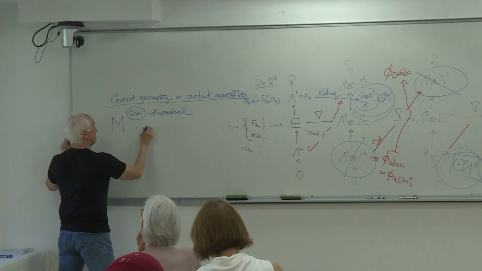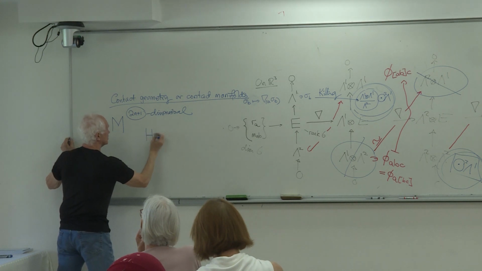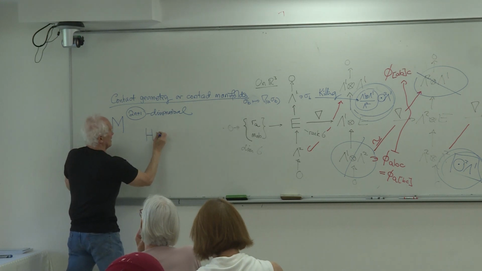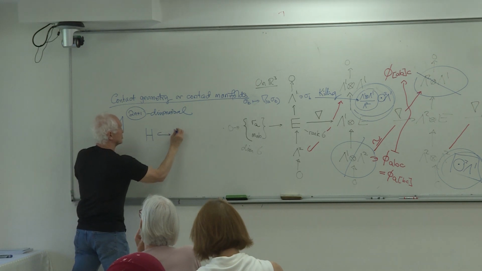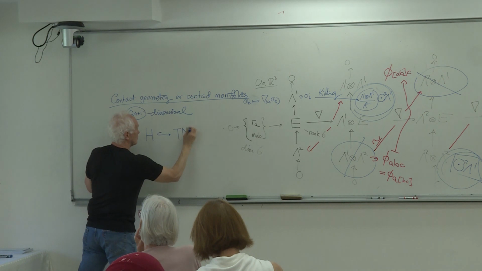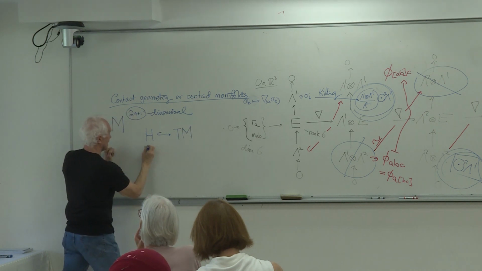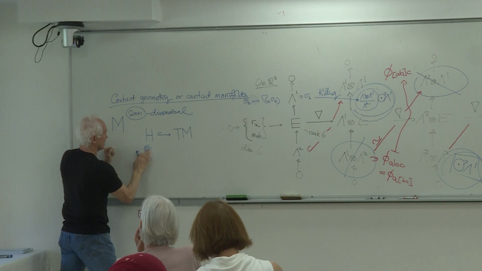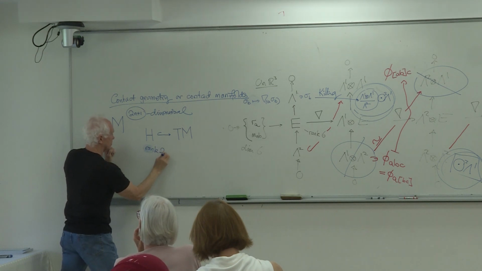What you have is a subbundle. Let me call it H. H for hyperplane, a subbundle of the tangent bundle to M. Right, and this one has dimension, rank 2n. Right, so this is an even dimensional bundle.